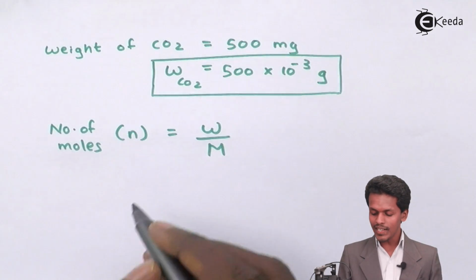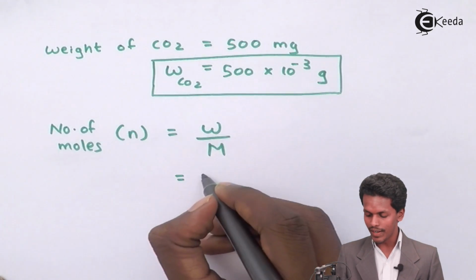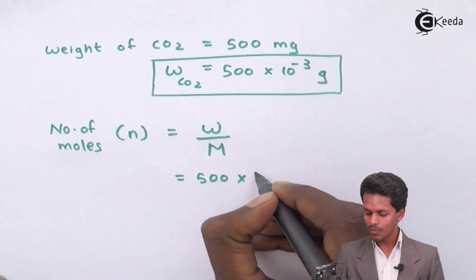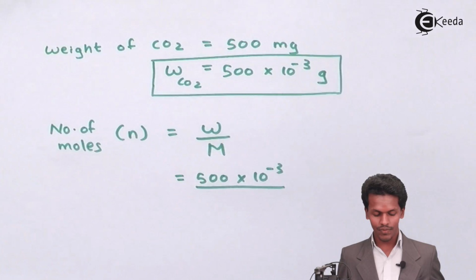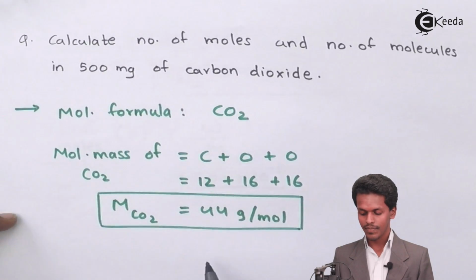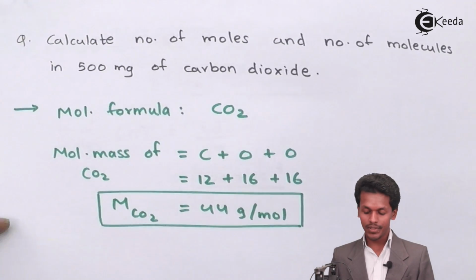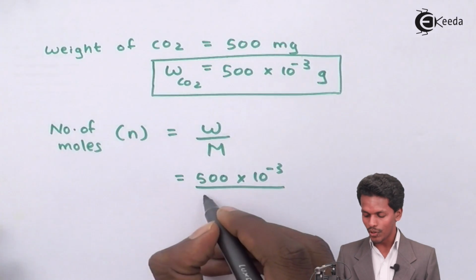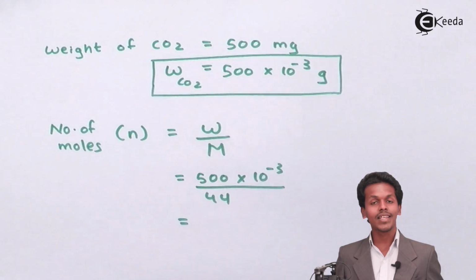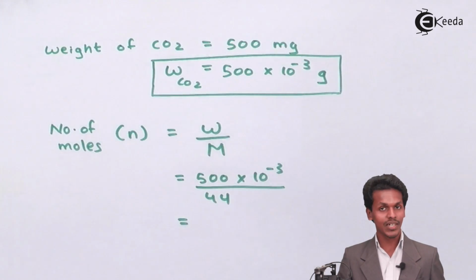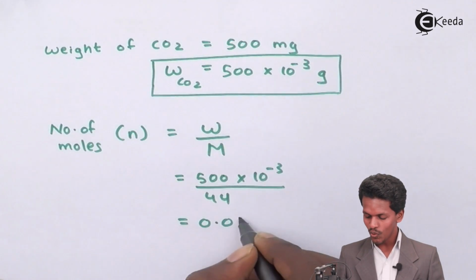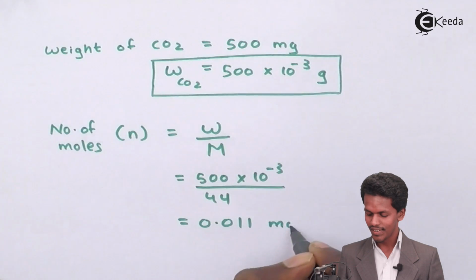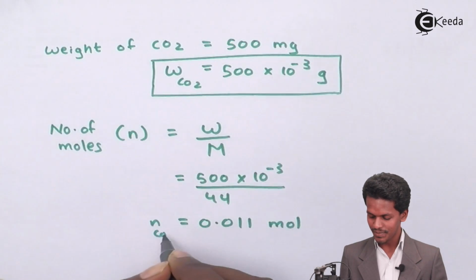The weight is already given to us, that is 500 into 10 raised to minus 3 gram, while the molar mass was found to be 44 gram per mole. So I'll divide by 44. Let us see the number of moles of carbon dioxide we get. We have got 0.011 mole of carbon dioxide.